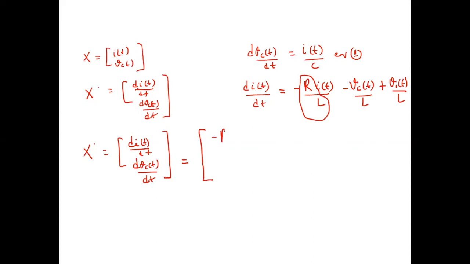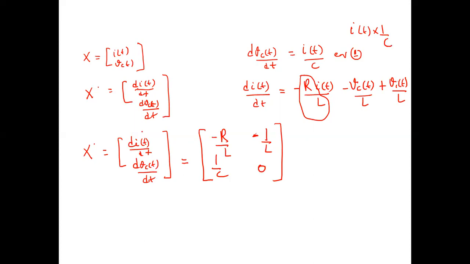And can you tell me what is the second term here? The second term here is minus 1 by L. And what is the first term in the second equation? The first term is 1 by C, because this is basically i(t) into 1 by C. There is no second term, so we straight away write 0.